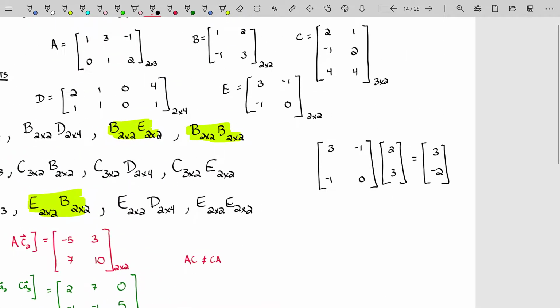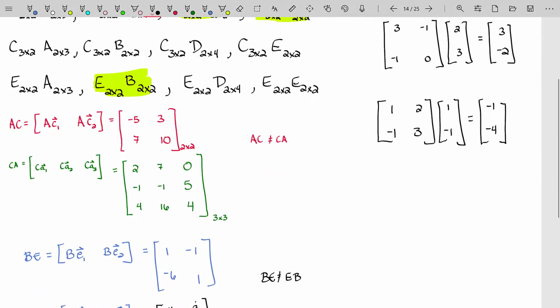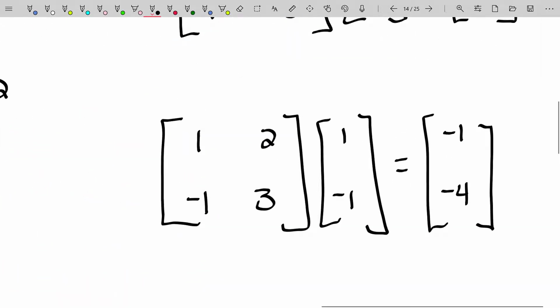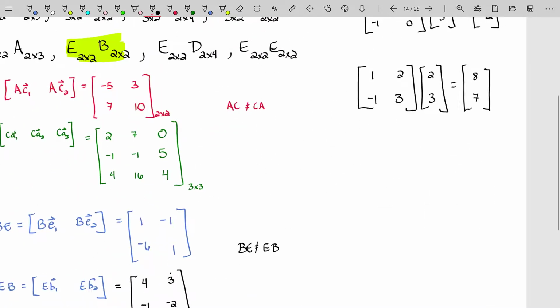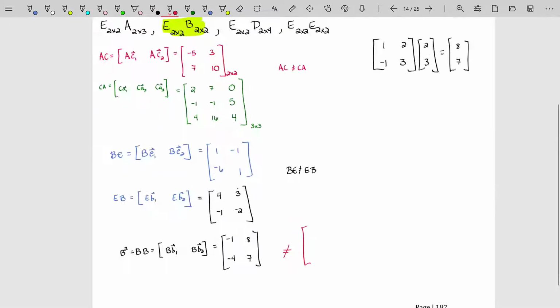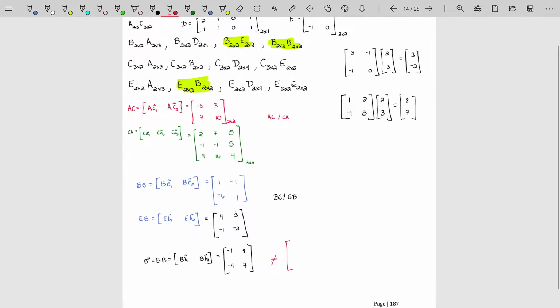So let's take a look at what B times the first column of B looks like. We get -1, -4. Now B times the second column of B. We get 8, 7, barring any arithmetic mistakes. Notice that this is not equal to had you squared every entry in B. Remember, B is 1, 2, -1, 3.